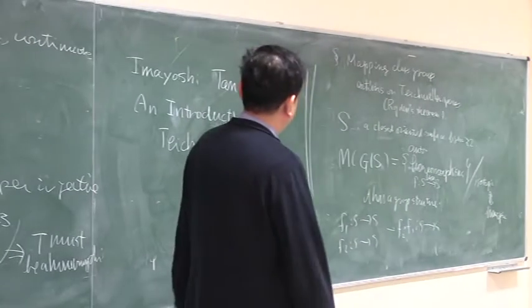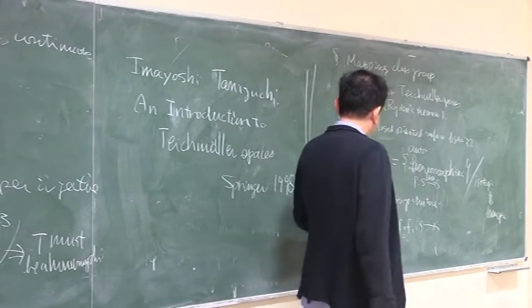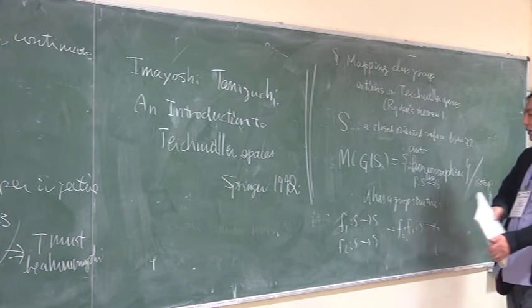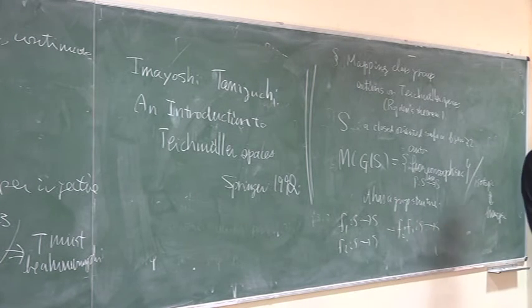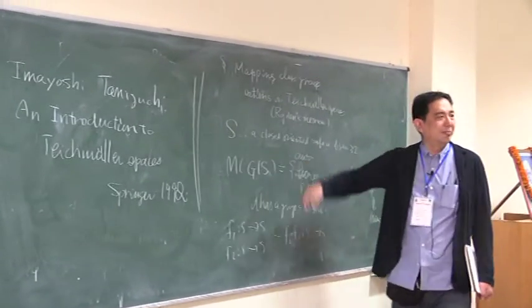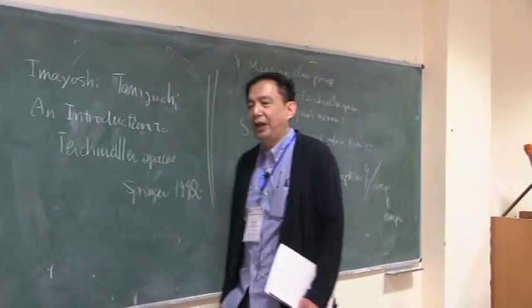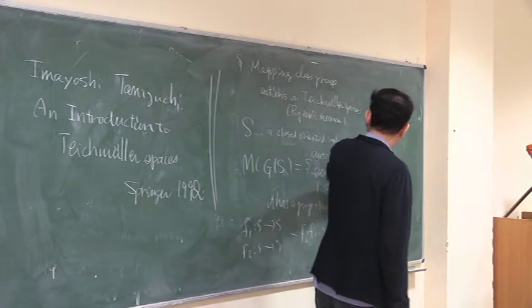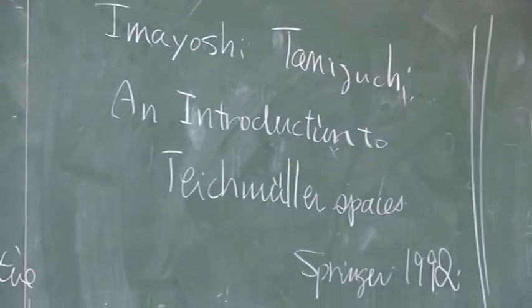The identity is just the identity homeomorphism, and the inverse is just the inverse as a map. This structure induces the group structure on the mapping class group.